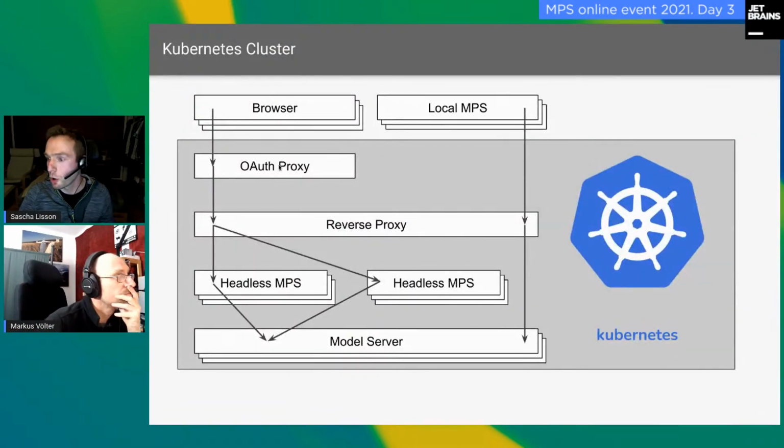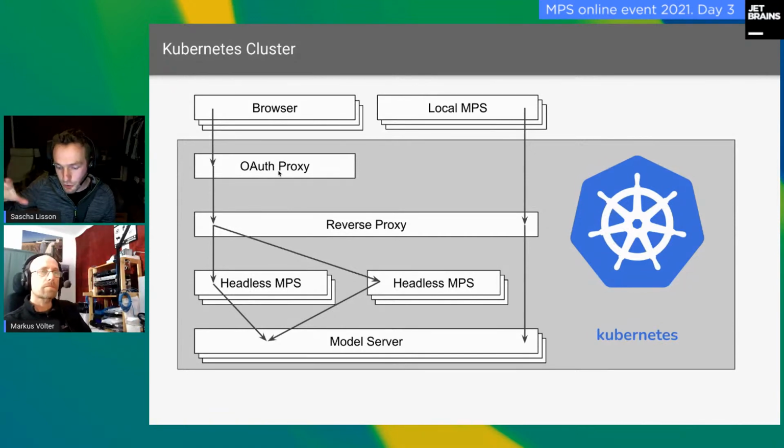We have this OAuth proxy that allows you to log in with your Google account. The nice thing is that it just adds a header with a username, so you can use that in MPS and don't ever have to write a single line to talk to the Google API to allow the login. There's a Docker image that handles everything.